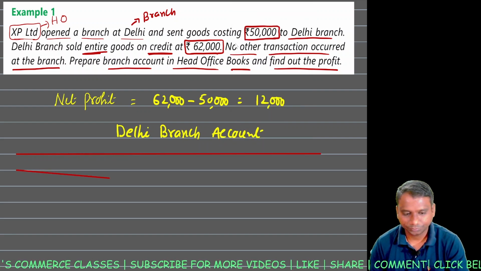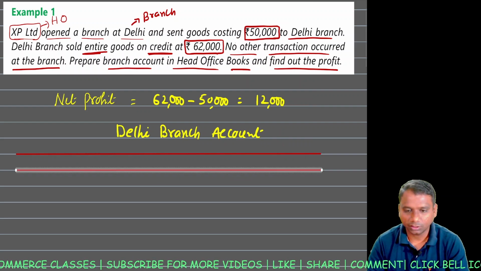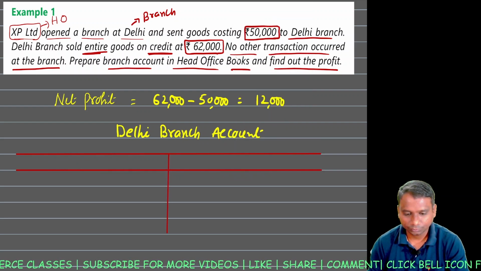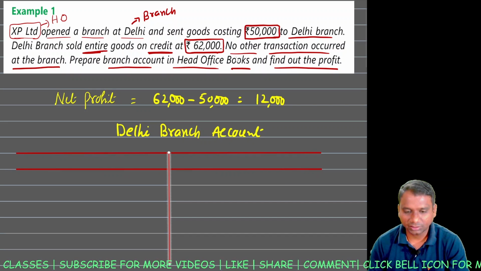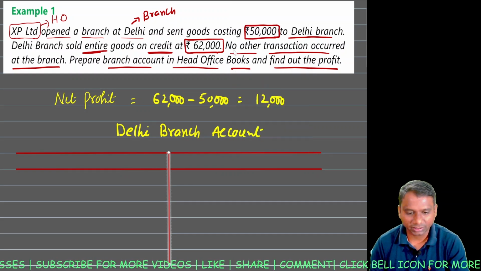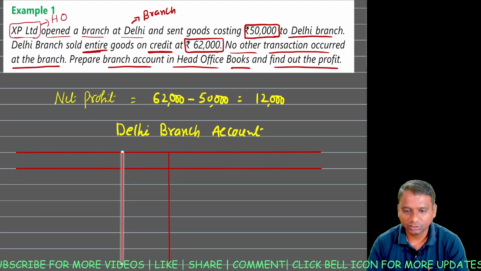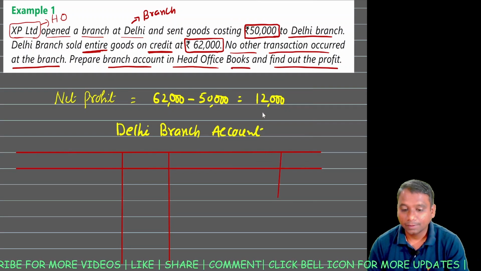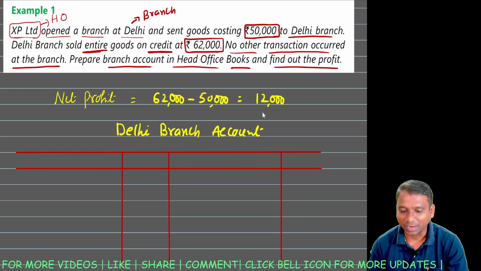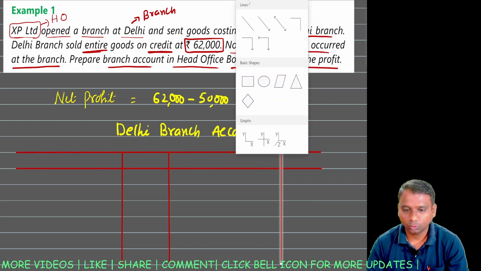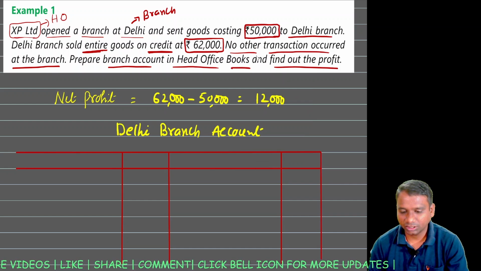This is the account. But in this example, we have only two transactions. One is goods sent by head office to the branch. The next is goods sold by the branch. Only two transactions.